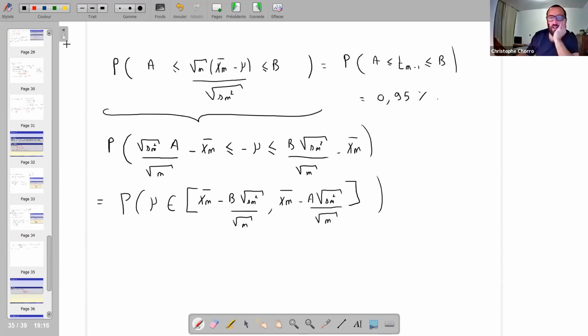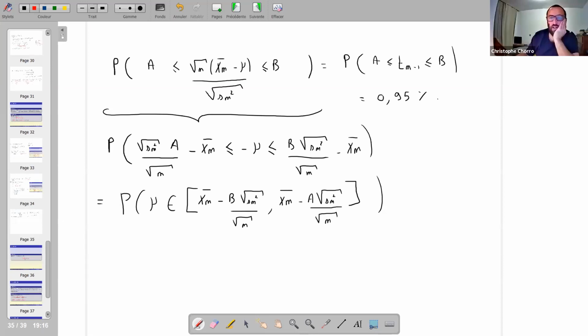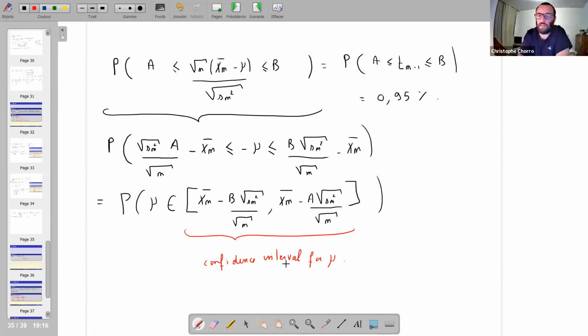And you have here a confidence interval for mu. That is a real confidence interval, not like the case where I have something that depends on the standard deviation of the distribution.